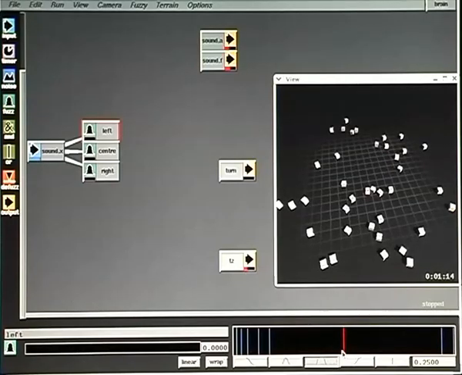So we can drag these out to the right sort of range. Left should be about -120. Don't have to be too accurate.